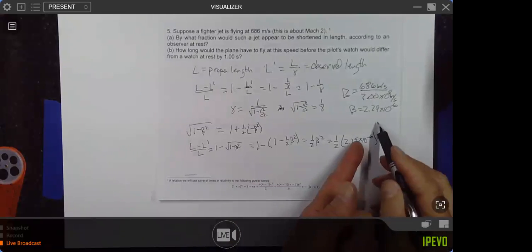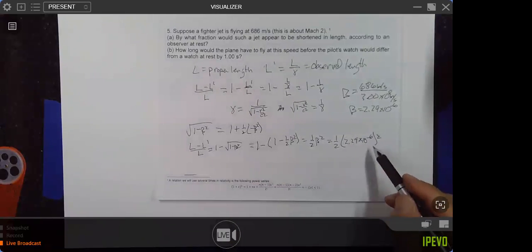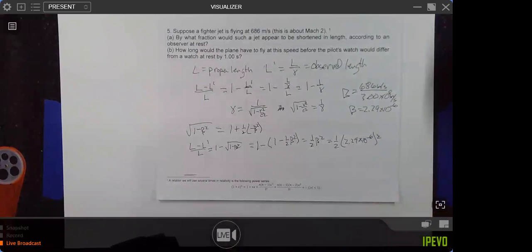And this is a dimensionless quantity because it's v over c. So, I got to get rid of all these significant figures on my calculator. They're not significant, is the problem.